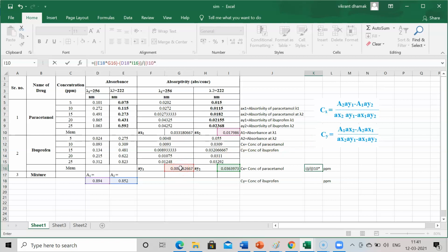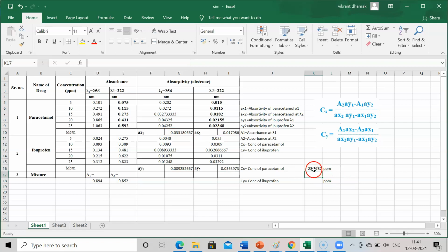So now let me press AY1. Again complete the bracket, minus. Before AX1, put a bracket again, AX1 into AY2. Put a bracket and one more bracket and just press enter.